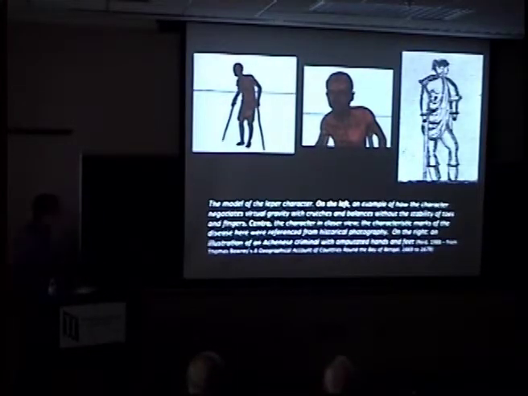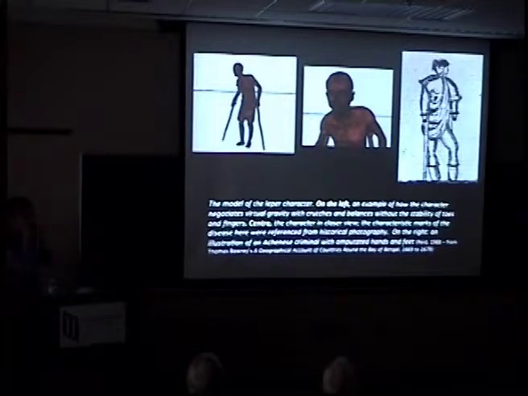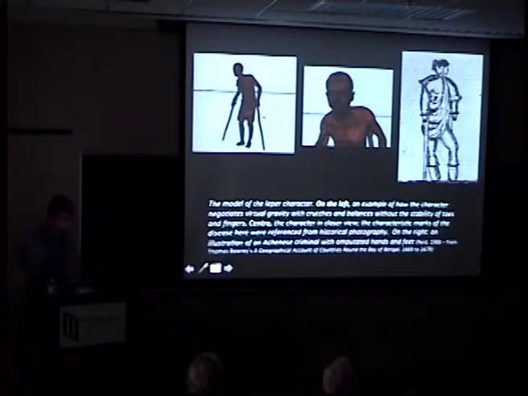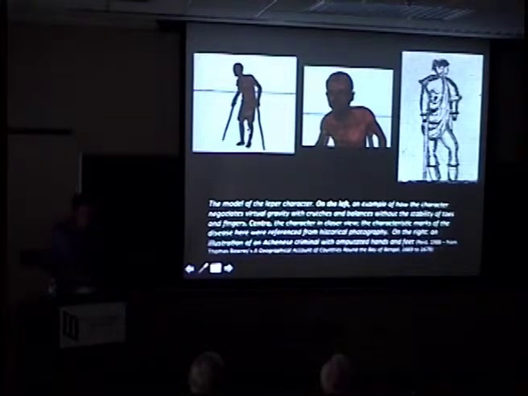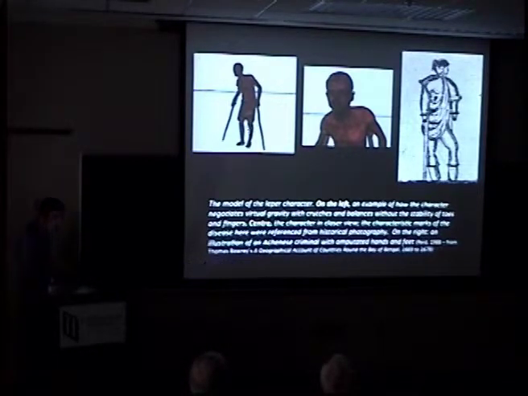But before that, of course, you've got to model a character with leprosy. So this is the model of the leper character here. It's just like any of the other human characters, but we've subtracted certain elements using historical photography.